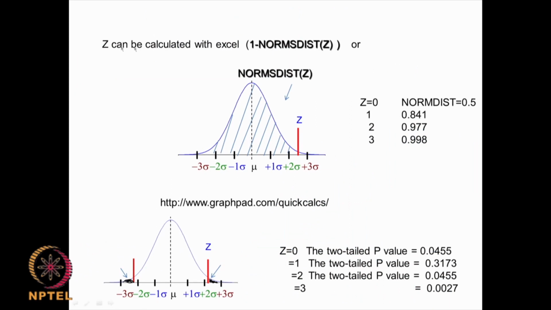Okay. Now Z can also be calculated with Excel. There is a command called normdist Z, and as I said, the area under the curve is 1.